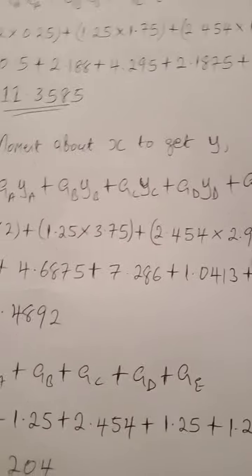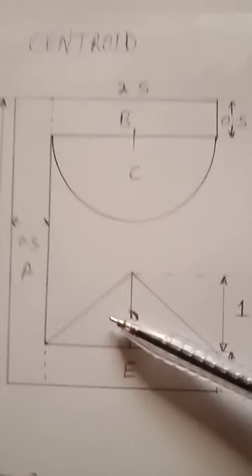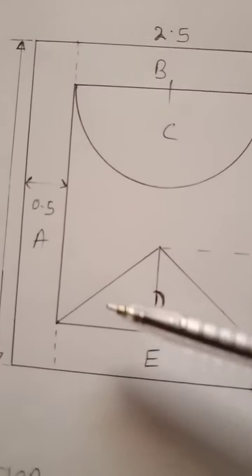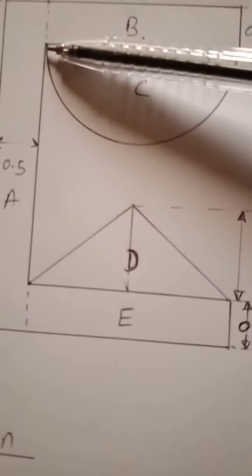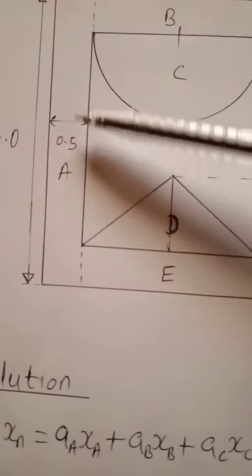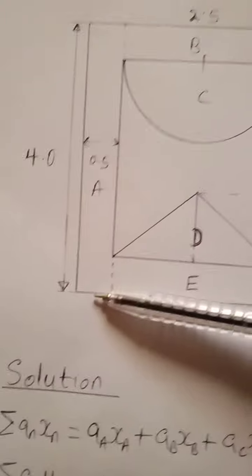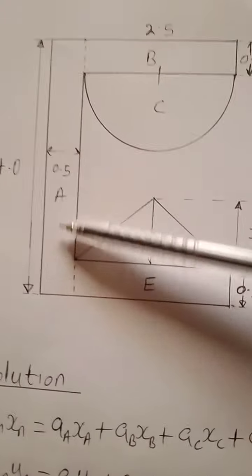Now for this, which is the C, let's look at it. It's more complex. The whole of this place, here to this place, is 3.5, isn't it?